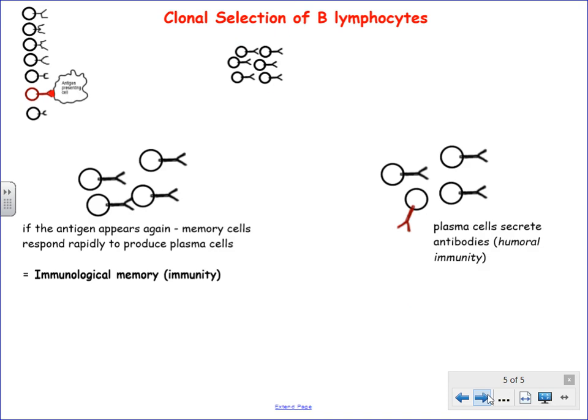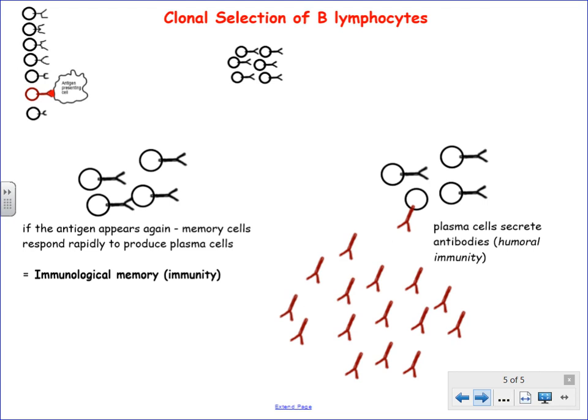B plasma cells form something which is called humoral immunity. It's quite an old term, but you might find it in some textbooks. But what they do is that they release antibodies. These are all antibodies that are specific to that particular antigen that was presented to the original clone.